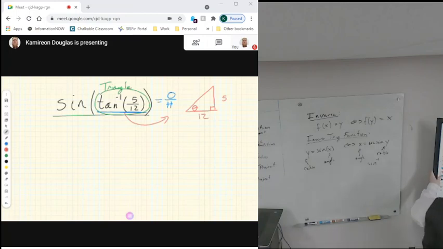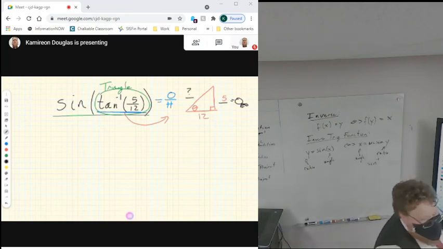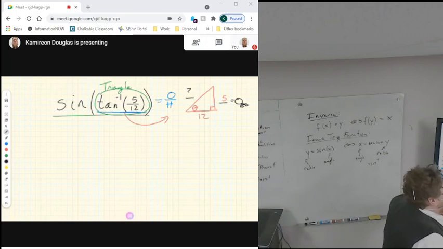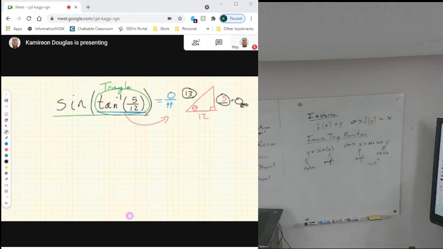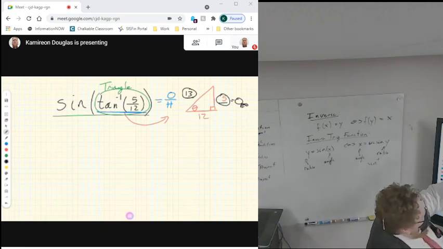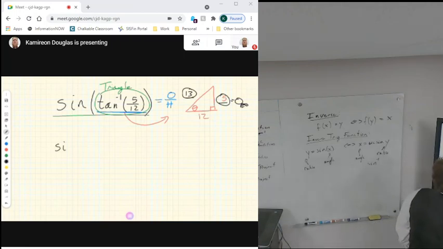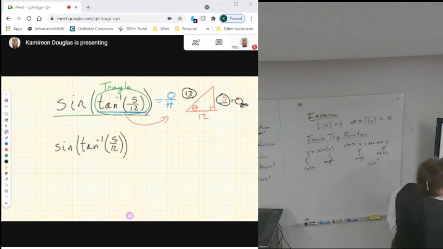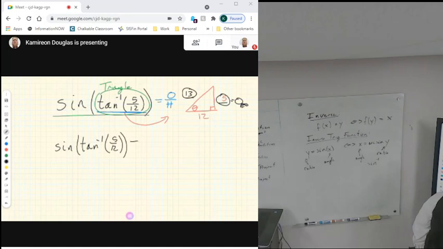I have the opposite. The opposite is 5. If I want to find the hypotenuse, how do we know it's 13? Pythagorean theorem or Pythagorean triple. So, if I want to know the sine of the tangent inverse of a function, what that means is use the tangent function to build a triangle, and then evaluate the sine of that triangle.